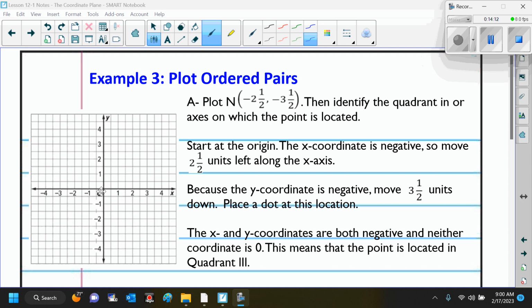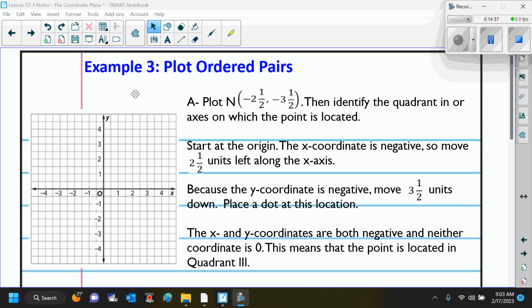Now remember, when we're doing halves, you have to pay attention to what you're counting by. Then we want to identify the quadrant or the axes that it's located. So again, this is the x value. This is the y value. Okay, x, y. Ordered pairs are always x, y.